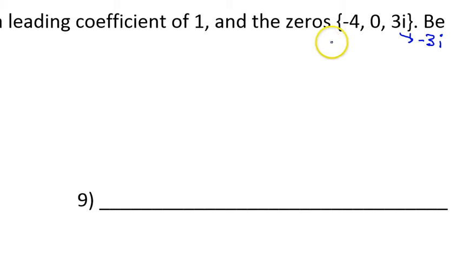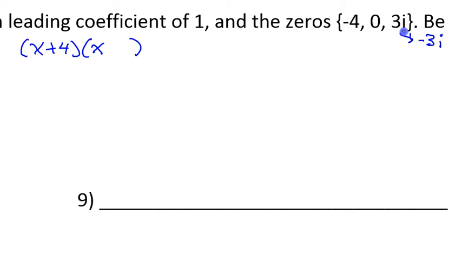So if I turn this back into factors, then what we would have would be x plus 4 from this one. Now I could write x minus 0, but x minus 0 is really just x, so I don't need the 0 part.